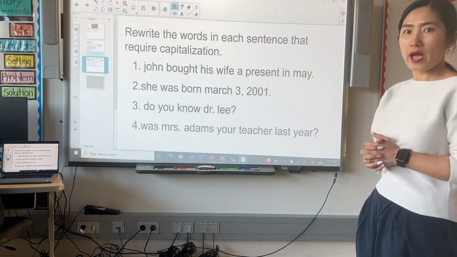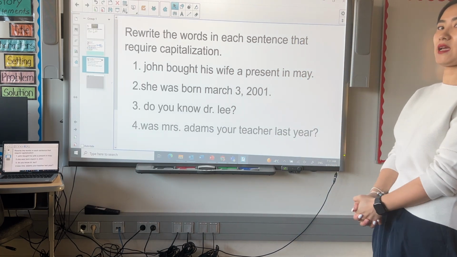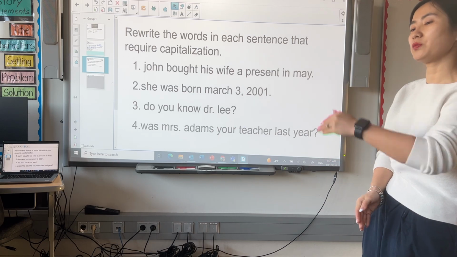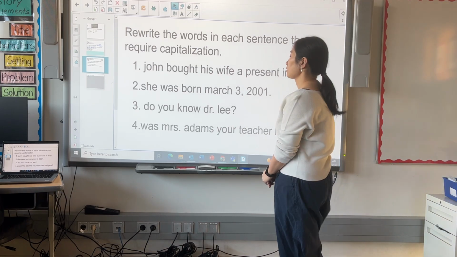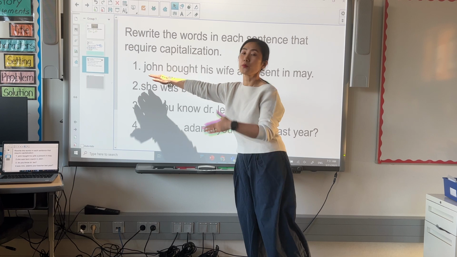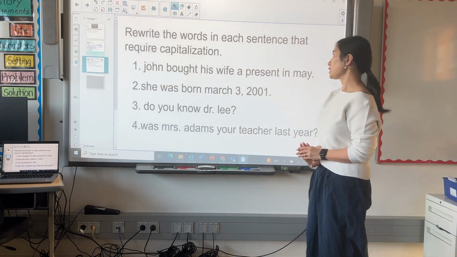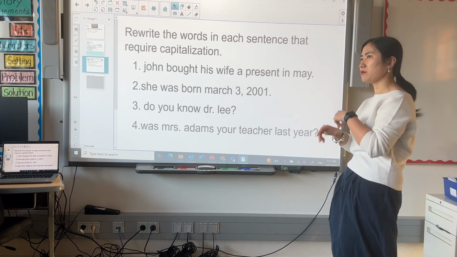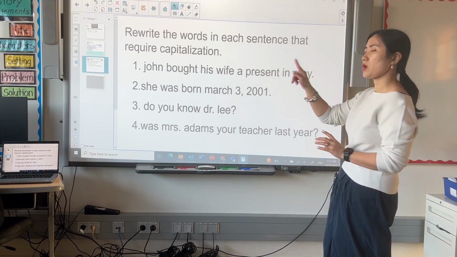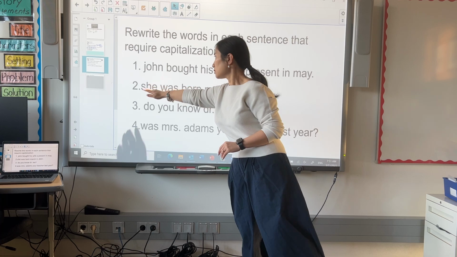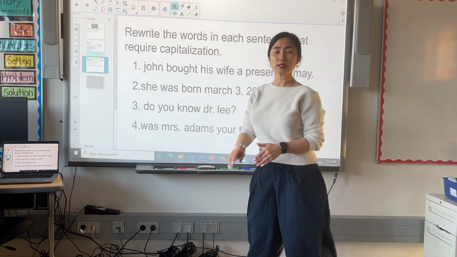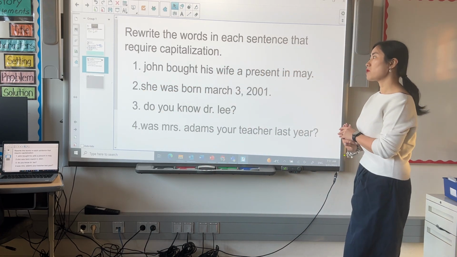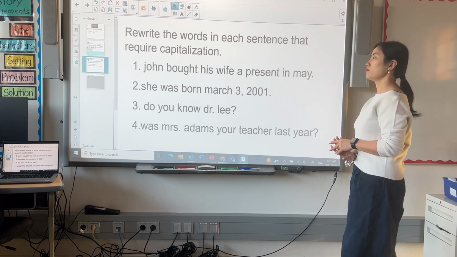Before we all do the practice, let's read those sentences together. Number one, Jared, could you please read it? John bought his wife a present in May. Now in my head I'm thinking, what do I spot in here? Second, Nina, could you please read the sentence? She was born March 3rd, 2001.